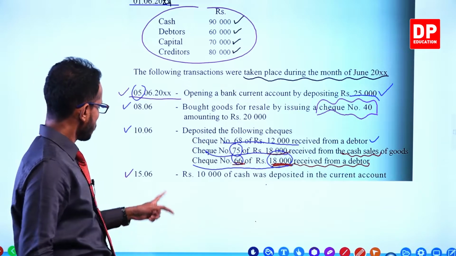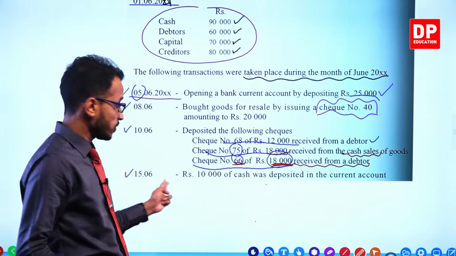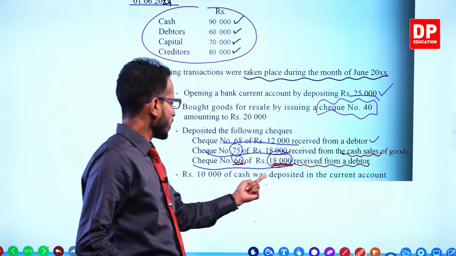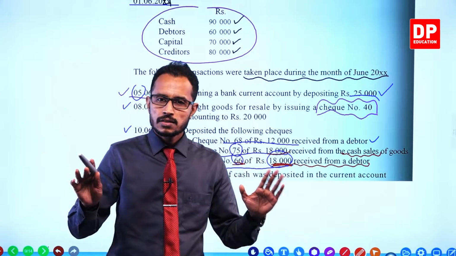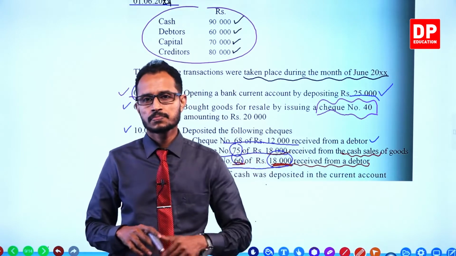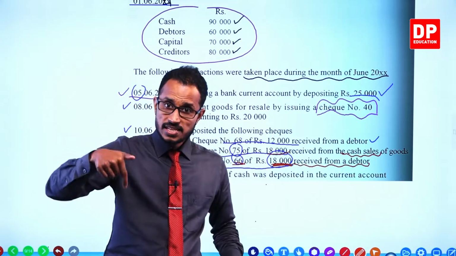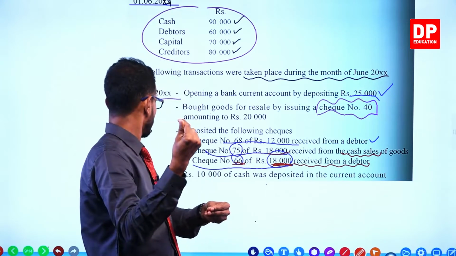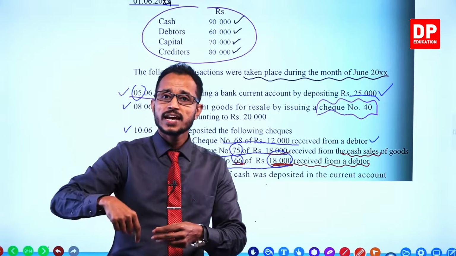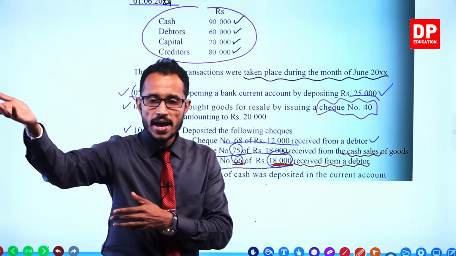Next transaction, 15th of the month. Rupees 10,000 of cash was deposited in the current account. Not a check this time, it's cash. Cash which is in the till, we take out, 10,000, and send it to the bank to deposit.